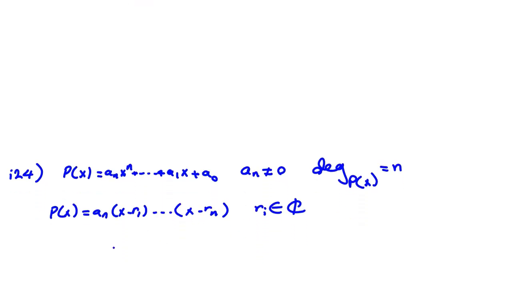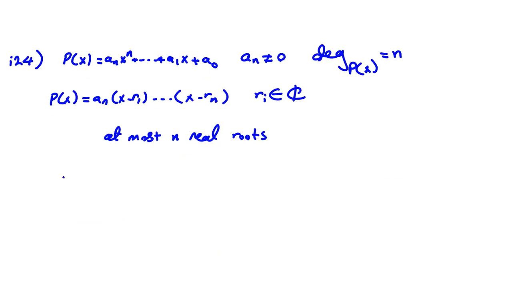So it has n complex roots and at most n real roots, because some of them are complex, not real. And the other thing that you should check: if you have more than n roots, then all coefficients are 0.